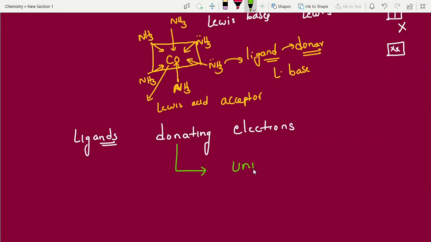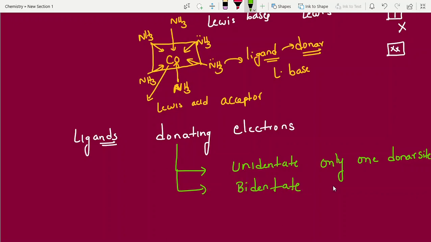The first is the unidentate ligand, with only one donor site; uni means only one. Next, bidentate, with two donor sites, also called didentate, bi or di. Next, tridentate, which has three donor sites.